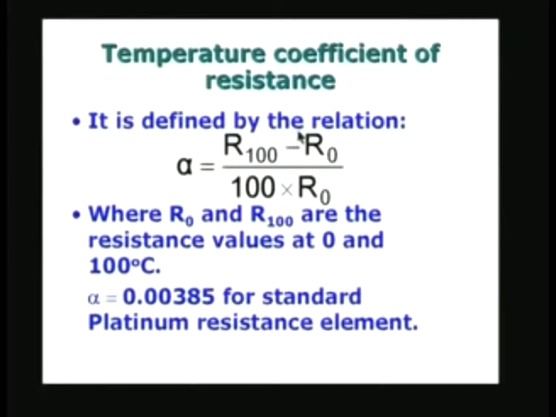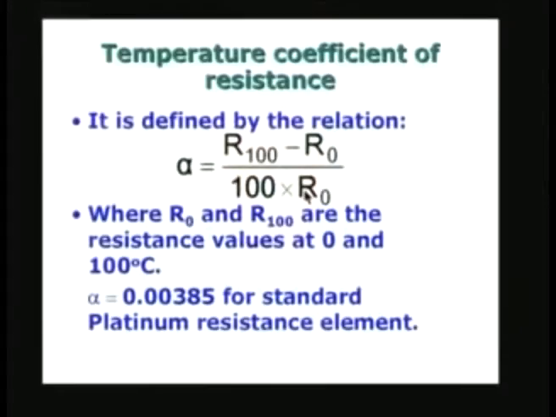It is defined by the following relation: R of the platinum element at 100 degrees, the steam point, minus R at the ice point, divided by the temperature difference, 100 minus 0, that is the steam point temperature minus the ice point temperature, divided by R naught. R naught is the resistance at 0 degrees Celsius. So, this alpha is an important characteristic of the platinum resistance thermometer.